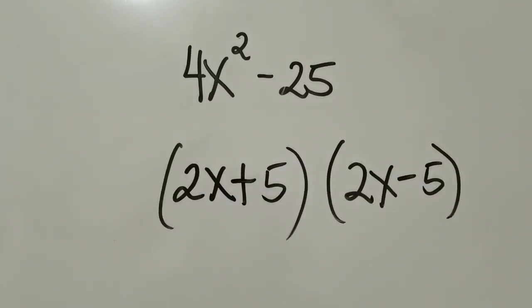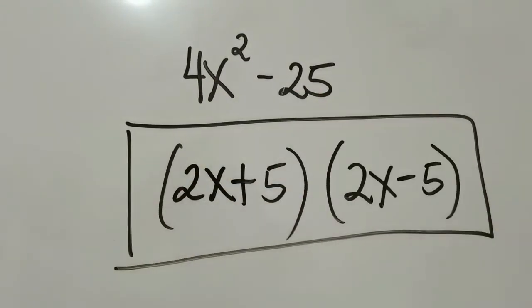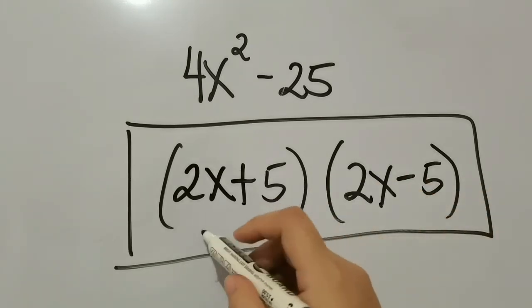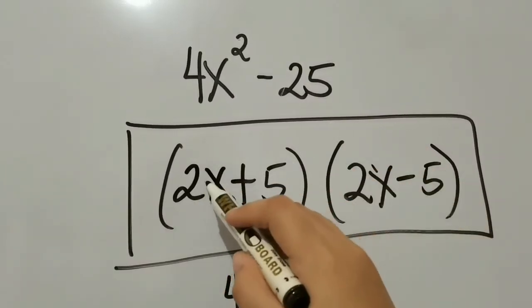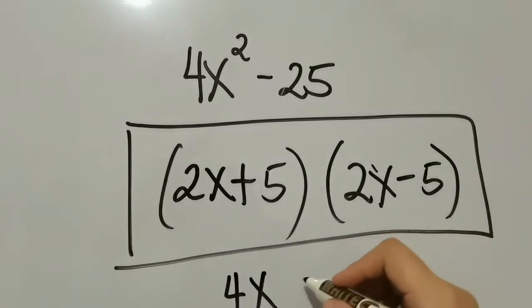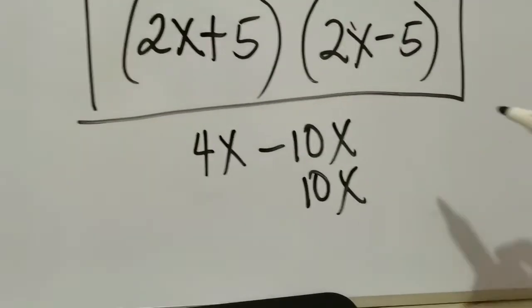Okay, let us now check kung tama yung sagot natin na factors nitong perfect square binomial is a sum and difference of binomials. So let us check by using FOIL method. 2x times 2x, that is 4x squared. How about 2x times negative 5, that is negative 10x. 5 times 2x, that is positive 10x.